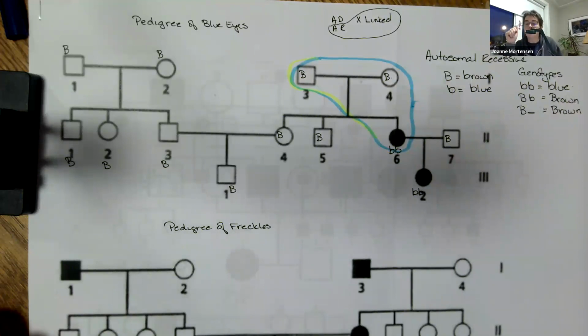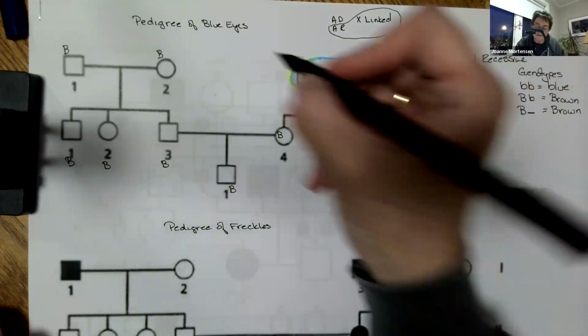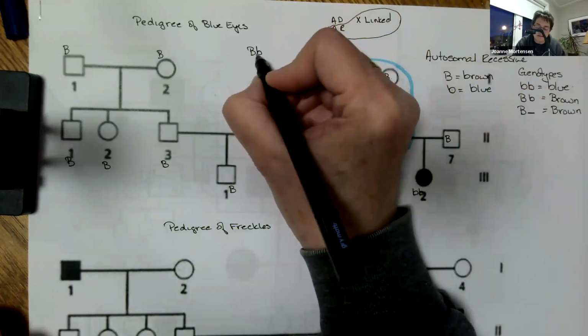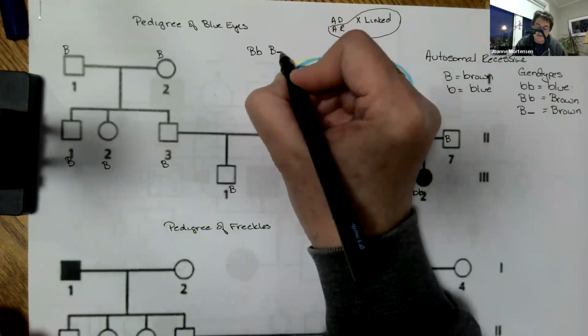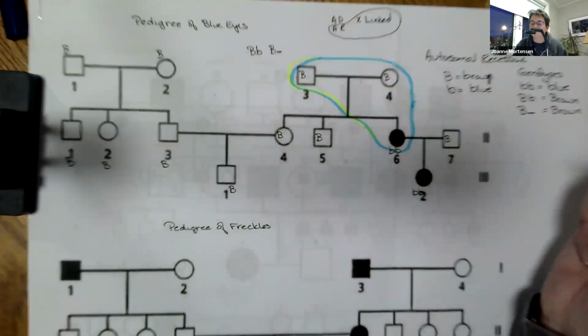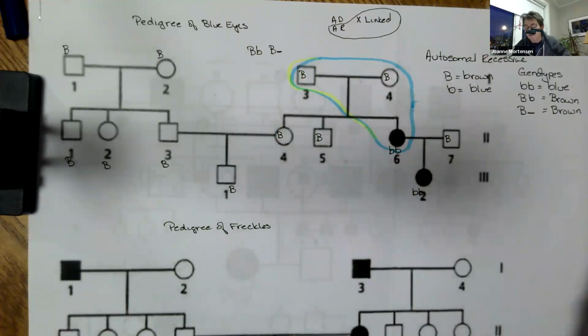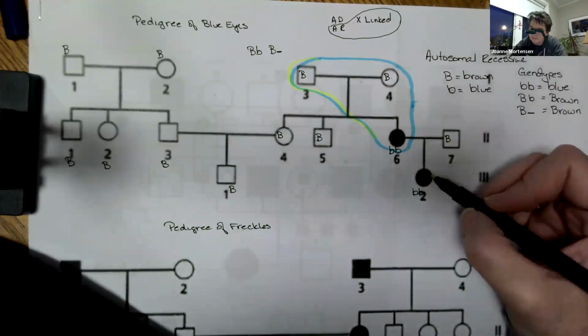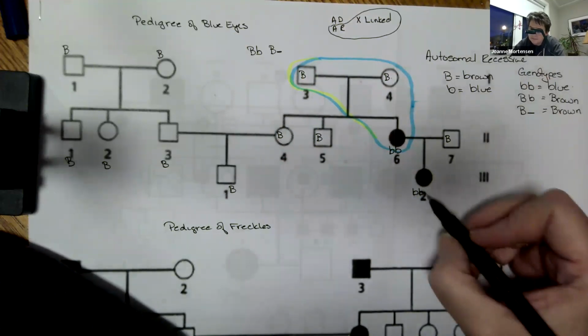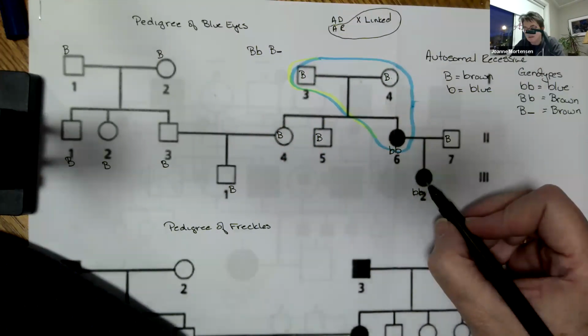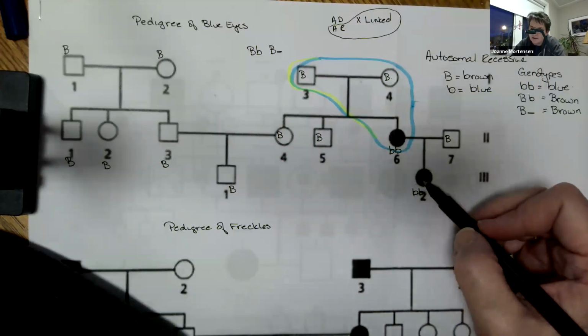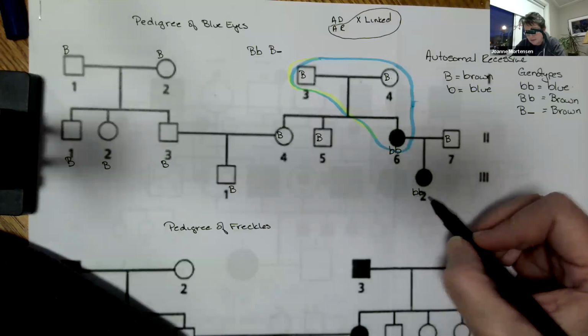So now the trick is to go back and figure out whether they are heterozygous, or whether we can't tell for sure. And let's start with our blue people. Let's start here with this daughter. If we go back, she's got blue eyes.